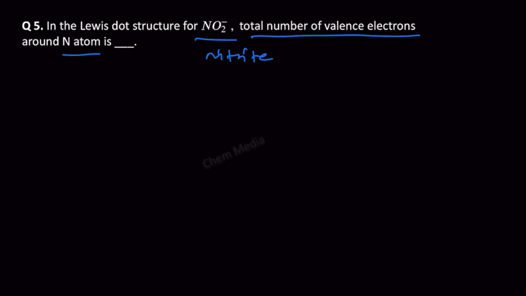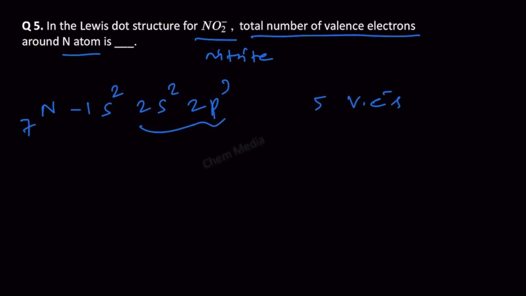But to write the Lewis structure, first of all we need the total number of valence electrons in the molecule itself. Atomic number of nitrogen is 7 and therefore the electronic configuration is 1s2, 2s2, 2p3. We have 5 valence electrons in nitrogen and then atomic number of oxygen is 8 and therefore the electronic configuration is 1s2, 2s2, 2p4.